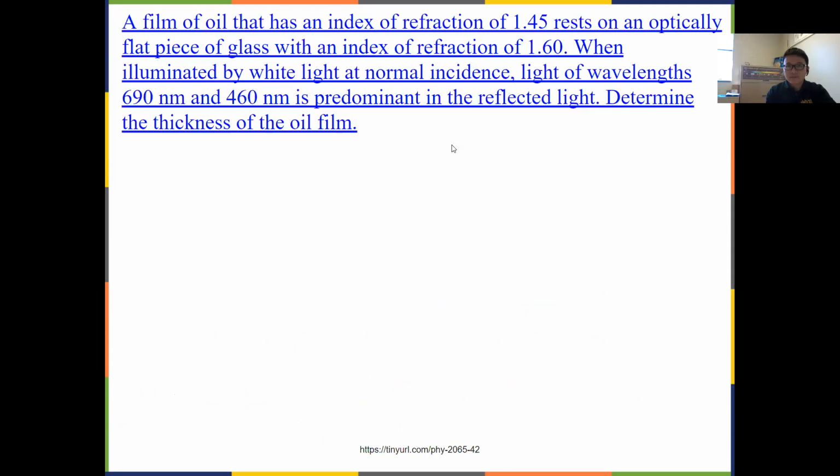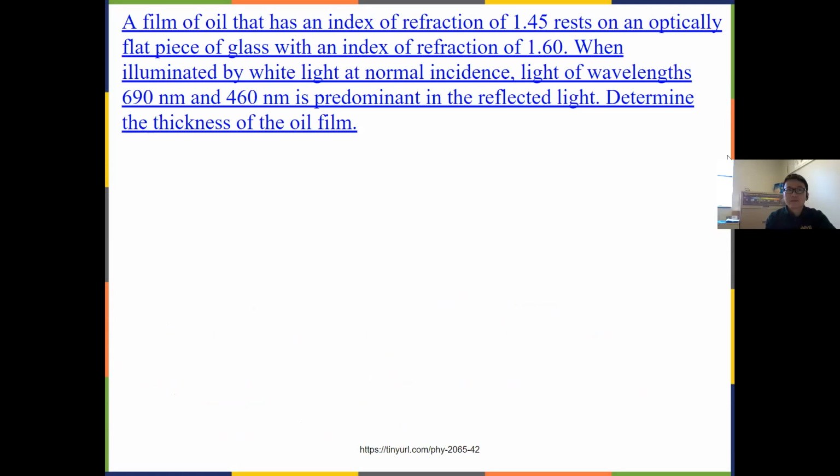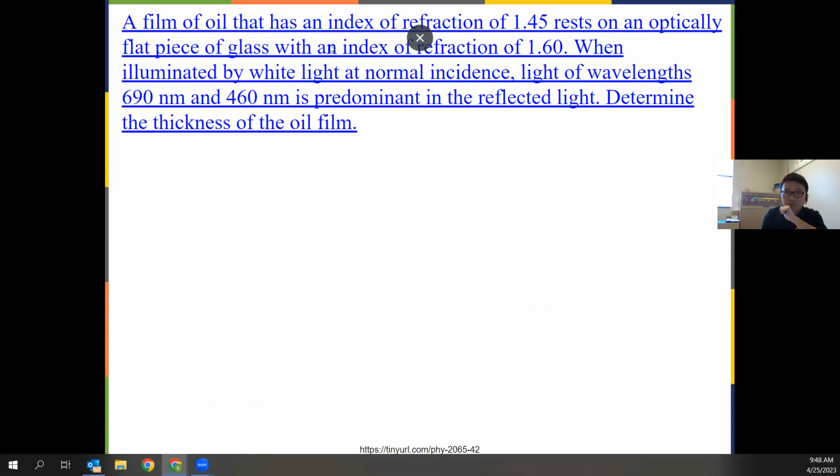Let's take a look at the example here. It says a film of oil that has an index of refraction 1.45 rests on an optically flat piece of glass with an index of refraction of 1.60. Okay, so let's maybe sketch this one first before we switch our camera.